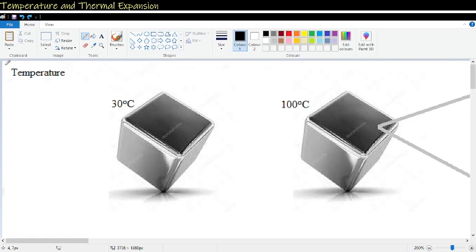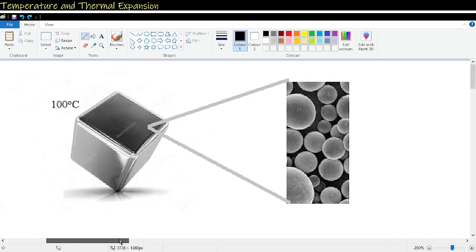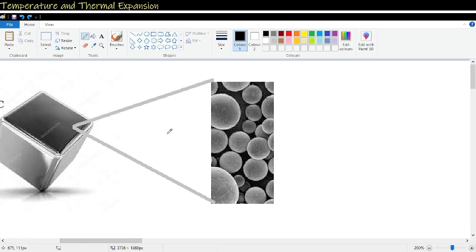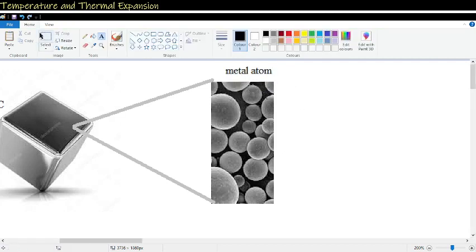Temperature is the measurement of the movement of particles. So inside of this metal cube, there are metal particles, right? Metal atoms, metal molecules, for example, metal atoms. And they are always moving, they are constantly moving. We know this as Brownian motion.